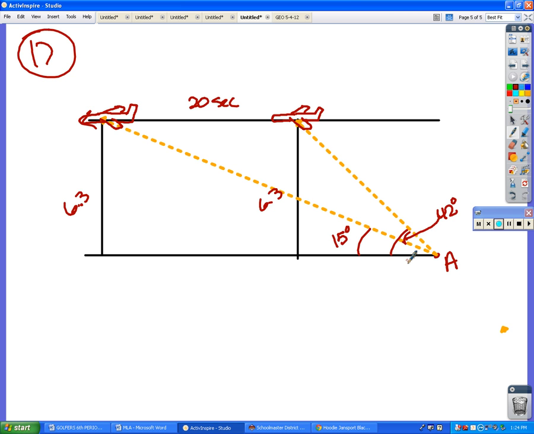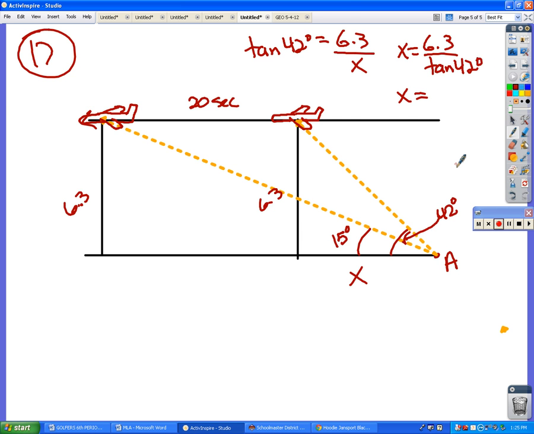So the tangent of 42 degrees equals 6.3 over x, right? Okay, so flip those around. X equals 6.3 divided by the tangent of 42. What is that? 6.99. Okay, so that comes out to be about 7 kilometers. All right, what are you going to do with that?